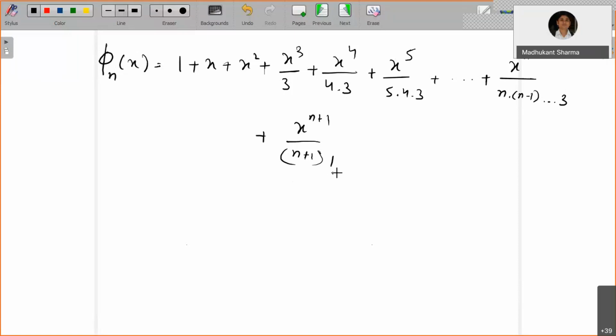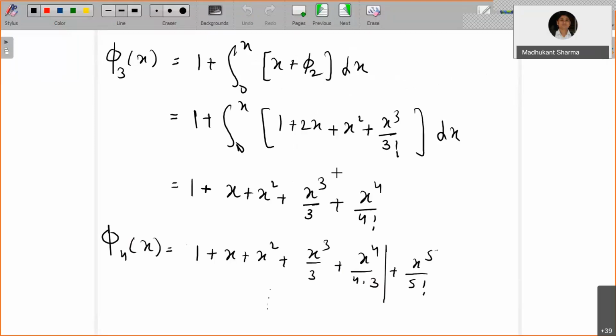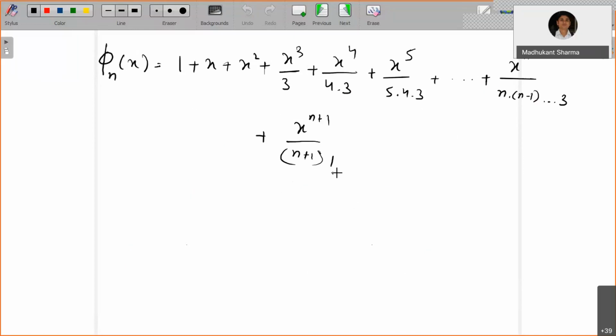If you want to write phi5 of x, that also you can write now.